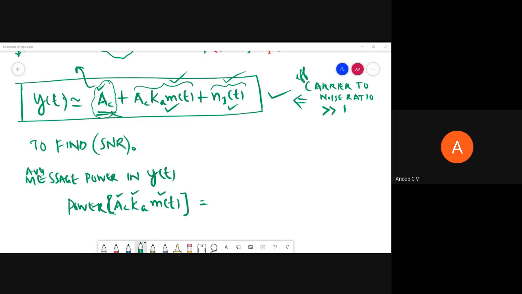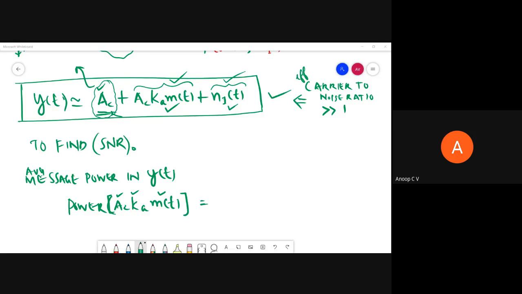AC square Ka square P by 2. Why, Pritish, is there a P by 2? Why do we need that P by 2? AC and Ka you can treat as DC, right? So AC is a constant, so the average power delivered to a 1 ohm resistor will be proportional to the square of it.